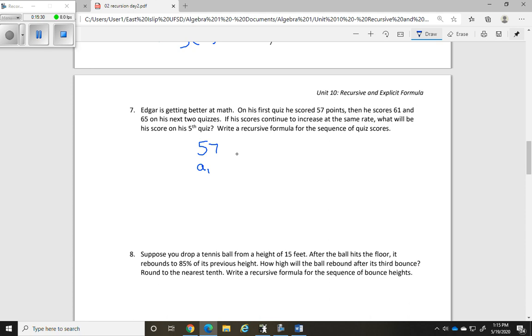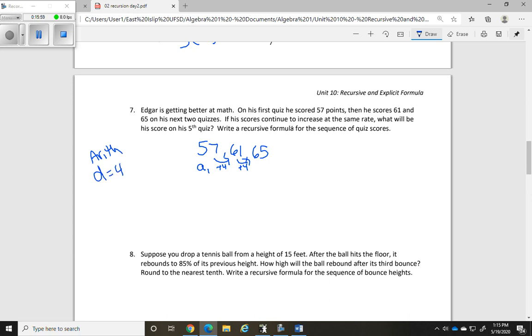Then he scores 61 and 65 on his next two quizzes. If his scores continue to increase at the same rate, so that's kind of a hint that we must be adding on the same number. Do you notice we can add on 4? So this is arithmetic. The common difference is 4.